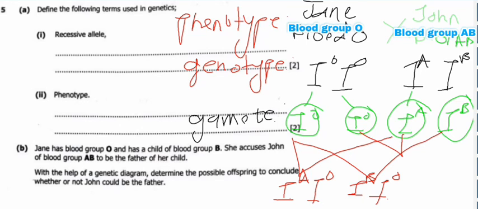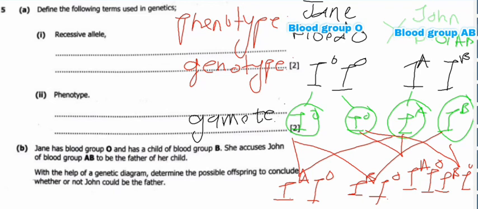Then the next one is blood group A, heterozygous dominant. The last one is blood group B, also heterozygous dominant.